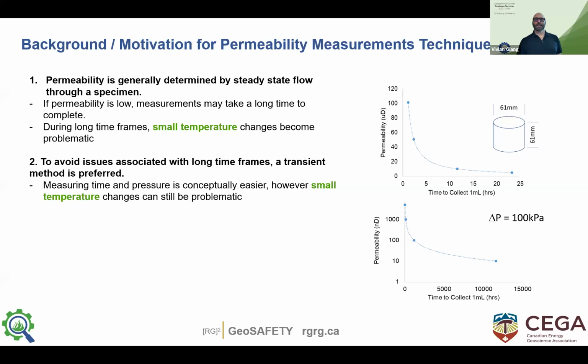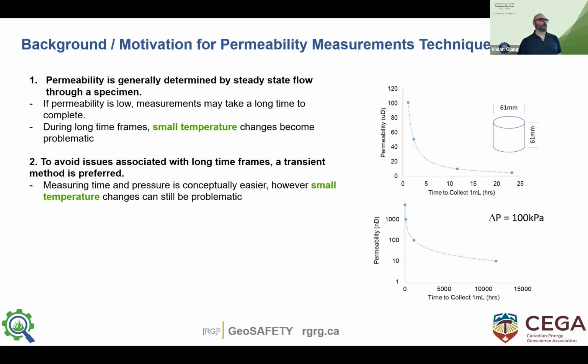I just plotted the time to collect 1 milliliter of fluid in a specimen that's 2.5 inch by 2.5 inch versus permeability. And you can see that as your permeability decreases, you start to come up onto days worth of time to collect a small volume.